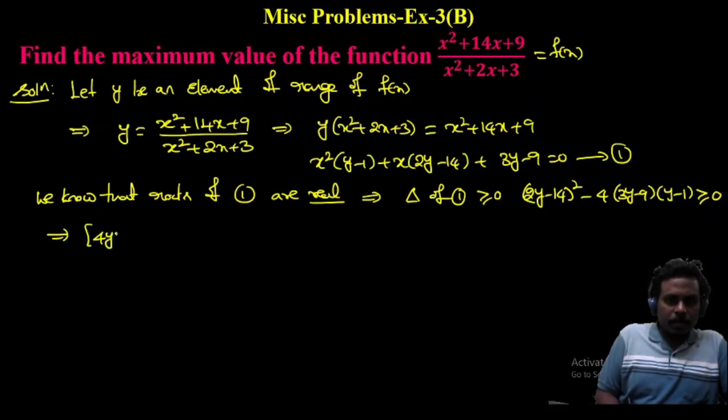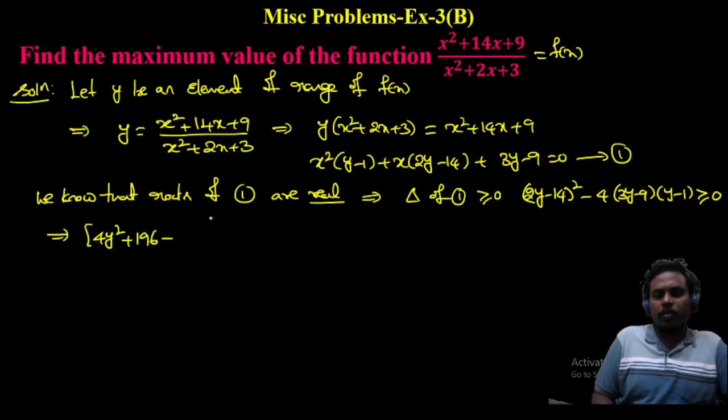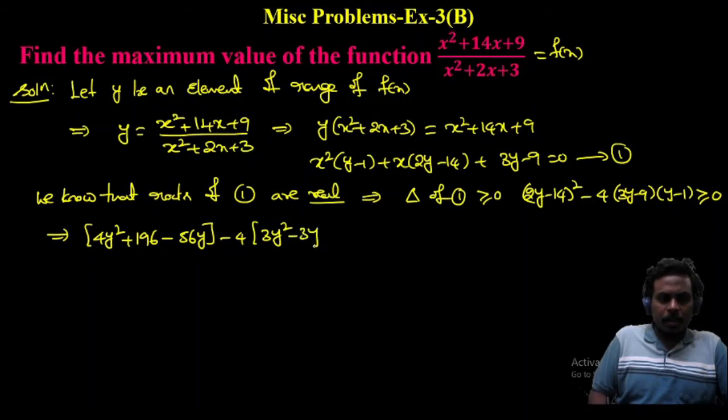This is 4y square plus 196 minus 2 into 2 into 14, which is 56y, minus 4 into 3y into y, it is 3y square minus 3y minus 9y plus 9. This is greater than or equal to 0.